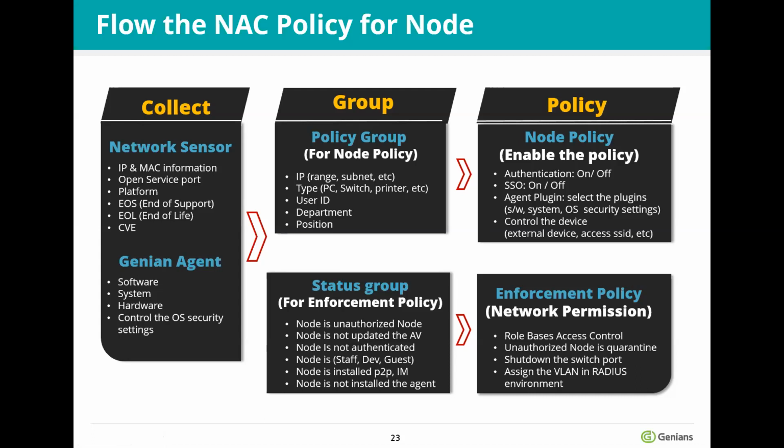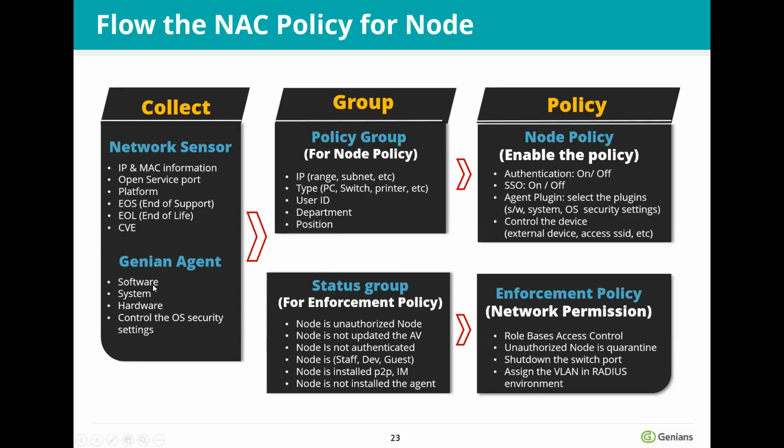So we provide 2 components in order to collect the information: network sensor and Genian agent. Network sensor can collect the IP and MAC information, open service port, platform, end of sale, end of life, and common vulnerability exposure.